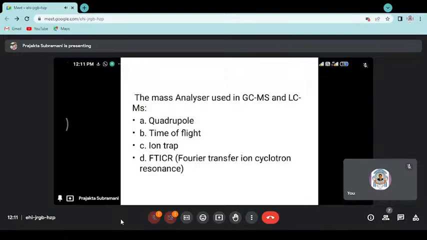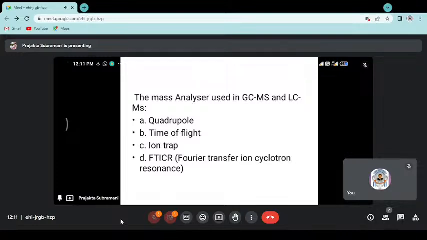It consists of two pairs of parallel rods which are located between an ion source and a detector.